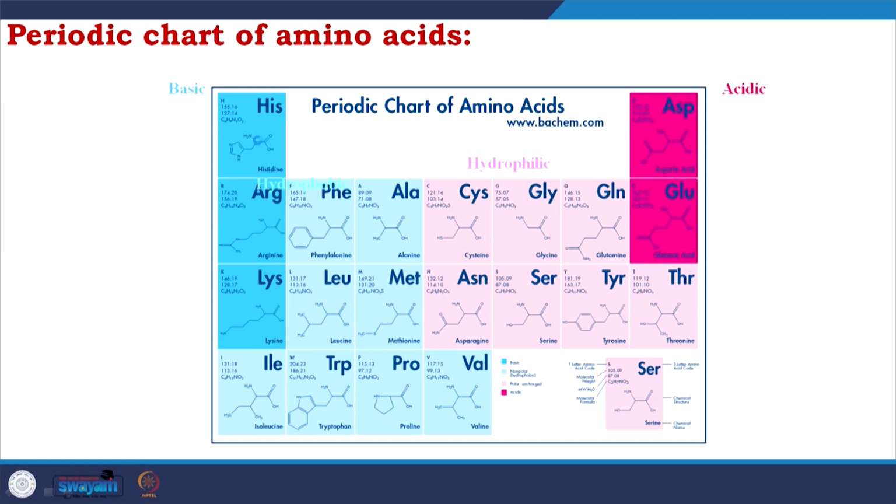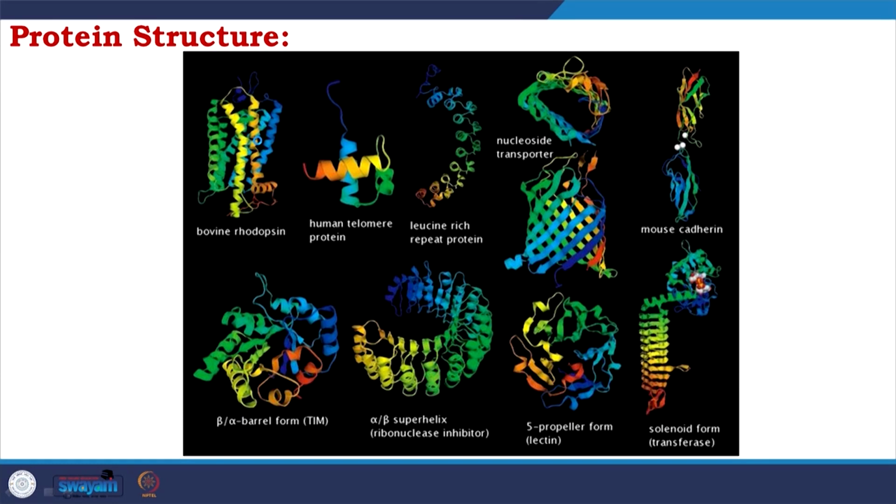So, there are basic amino acids like histidine, arginine, lysine. There are acidic amino acids, aspartate and glutamate. There are hydrophilic amino acids like glutamine, asparagine, cysteine, glycine, serine, tyrosine, threonine, and others are more like hydrophobic. Again, we will talk about them in much more detail.